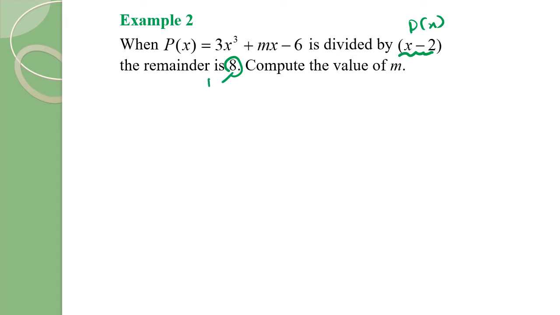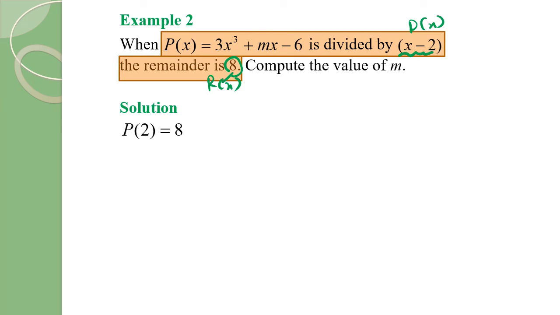So by using the remainder theorem, we can say that P of 2 is equal to 8. Why? x minus 2 is the divisor, means that x equal to 2. So R of 2 is equal to P of 2. So we can find the remainder by substituting 2 into the polynomial. That's why P of 2 is equal to 8, because it is given that the remainder equal to 8.